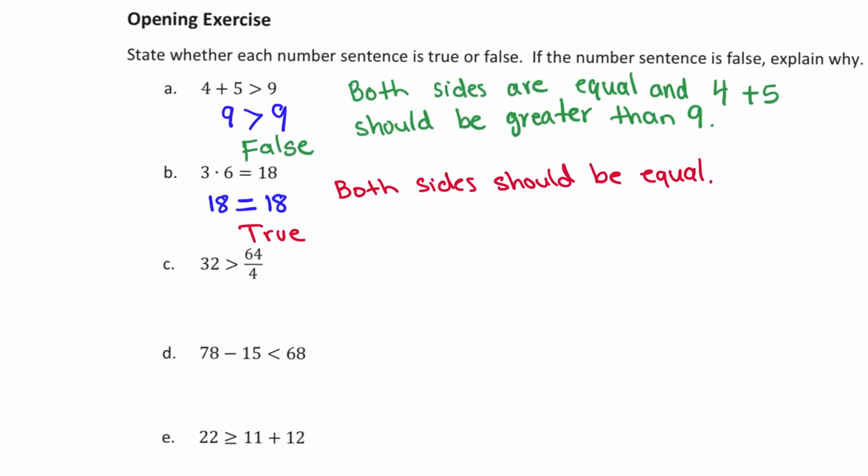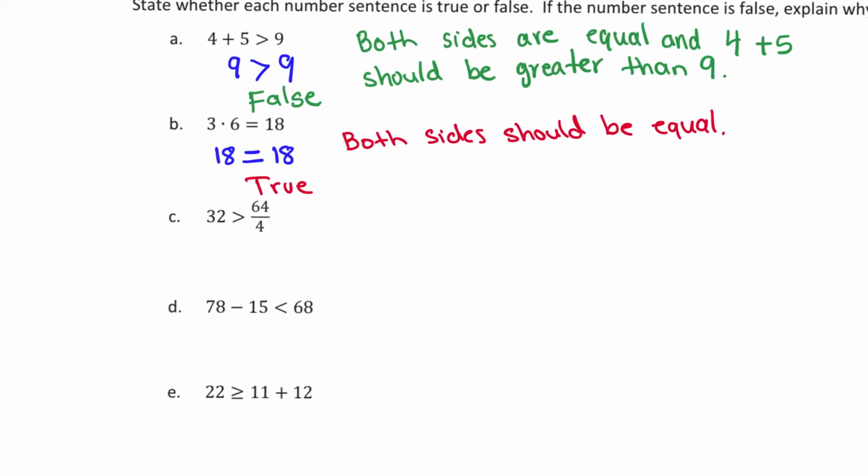Nice. Let's go to the next one. C. 32 is greater than 64 divided by 4. Well, let's find out. 64 divided by 4, and the answer is 16.